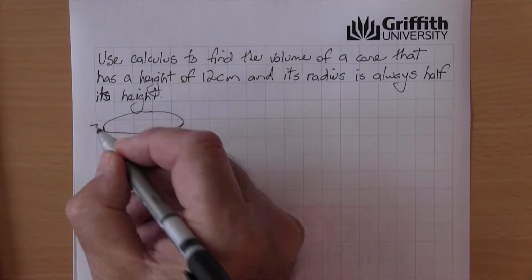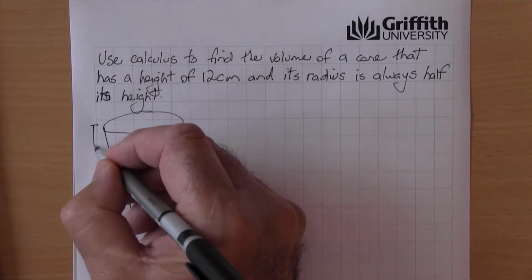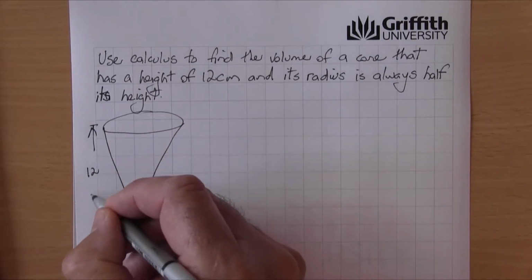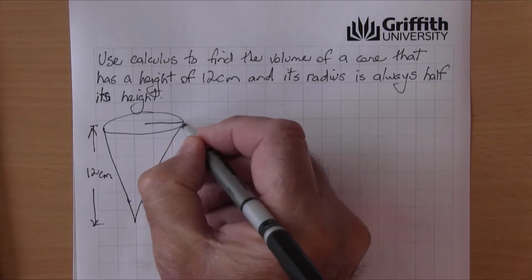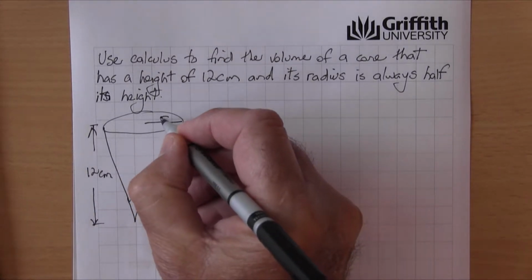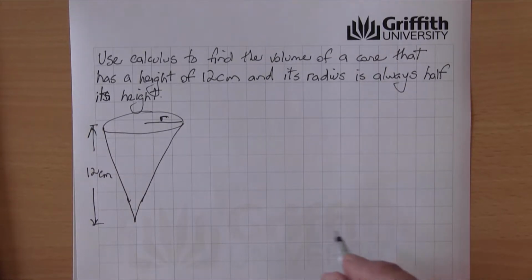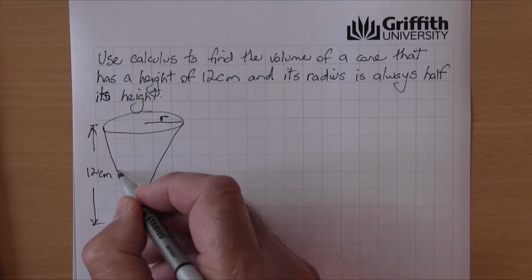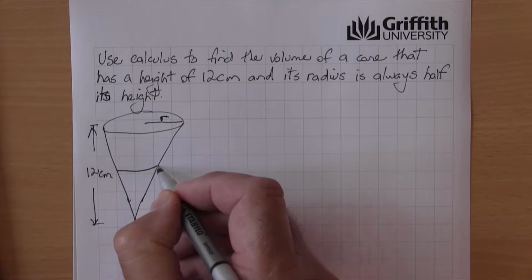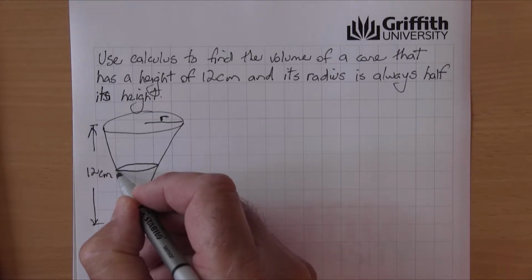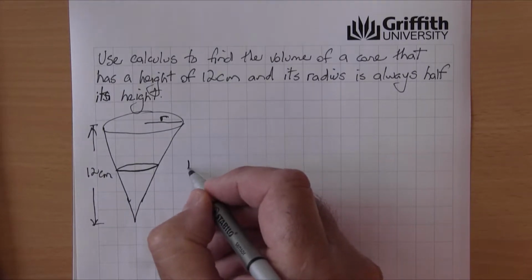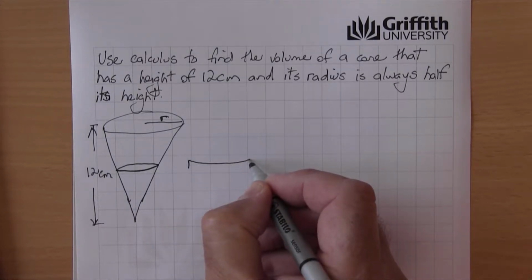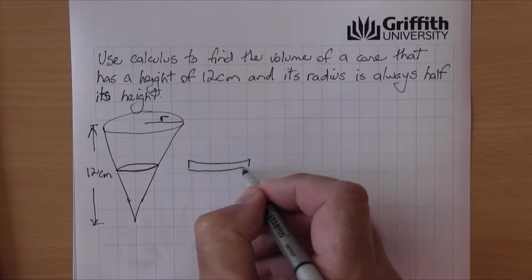Okay, so it has a height of 12 centimetres. So it's got a radius of r. If we were to take out a very, very, very thin slither, and we were to blow it up, expand it, magnify it.